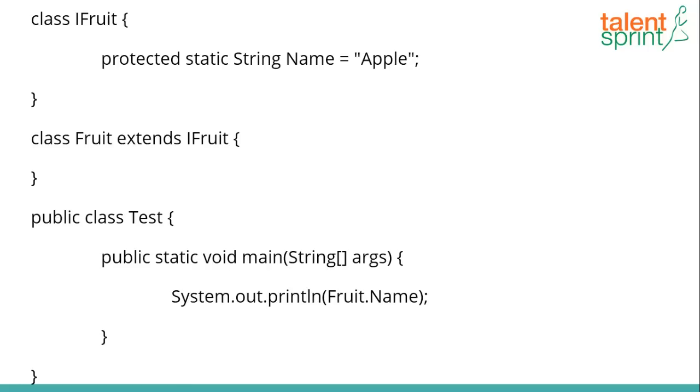So the question is whether with protected you will be able to get the output or not. Ajaz says protected members are visible to child classes, fruit, while it's not visible to test. Ajaz, if it is visible to fruit, that is all we need, right? In the test, we are calling it using the class name fruit. So if it is visible to fruit, it will print apple. Div gave the answer apple.